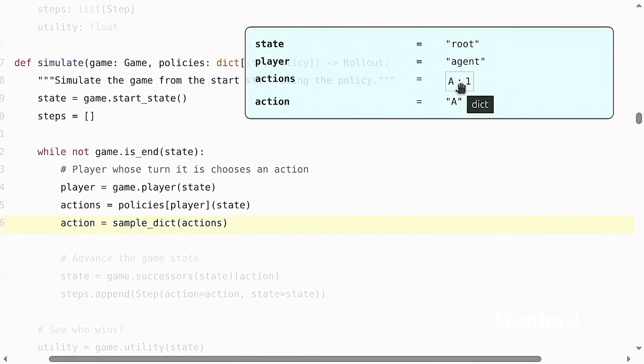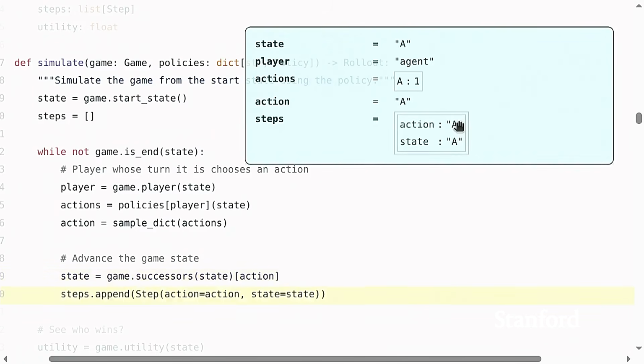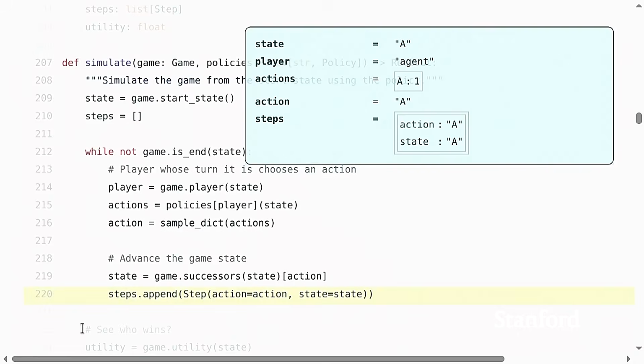Once you've chosen an action, the game dynamics take over, and you look at the successors of that state, which remember is a mapping from action to successor state, and you pass in the action, and that gives you a new state. And then you just keep track of all the steps.